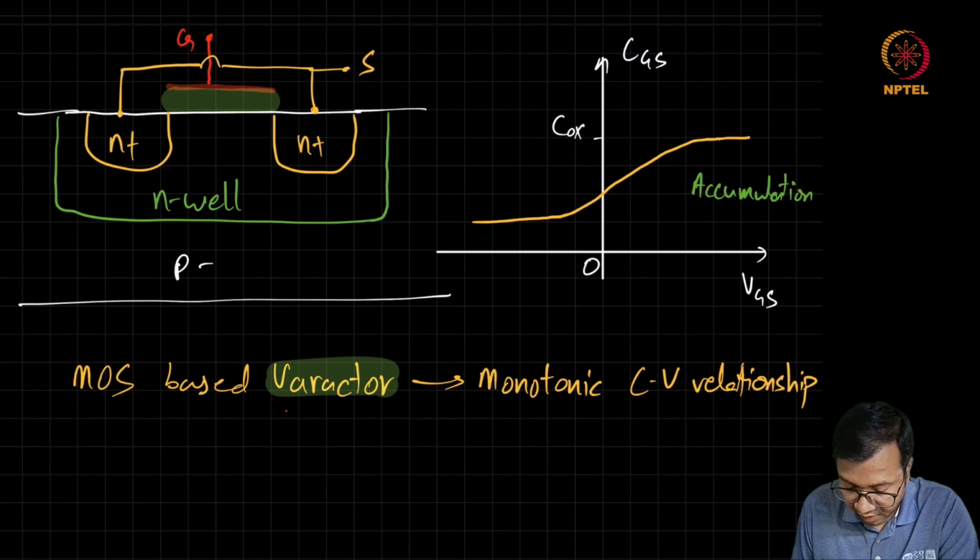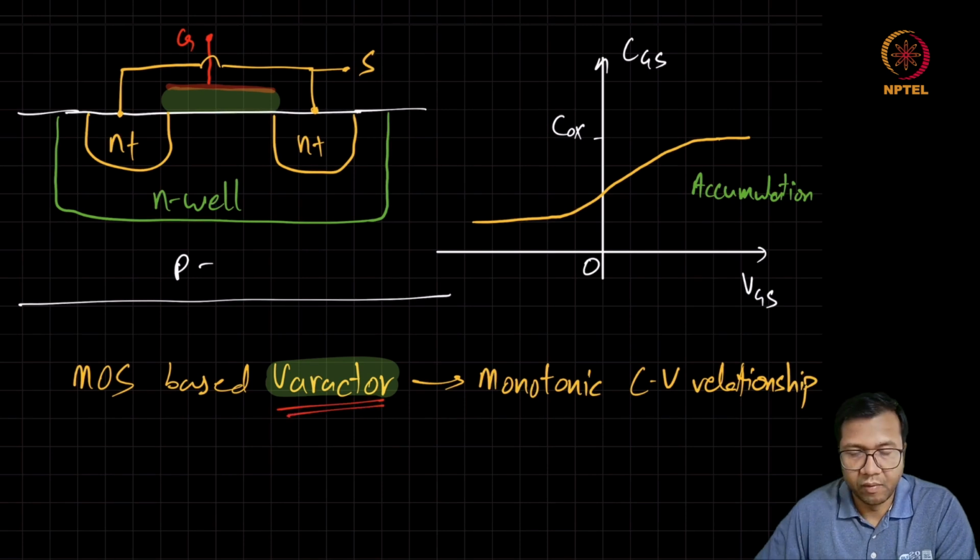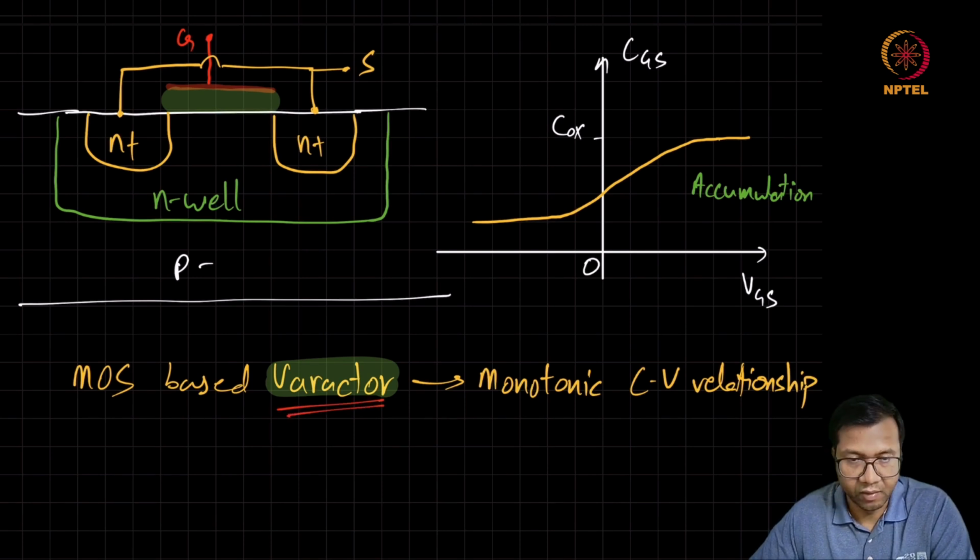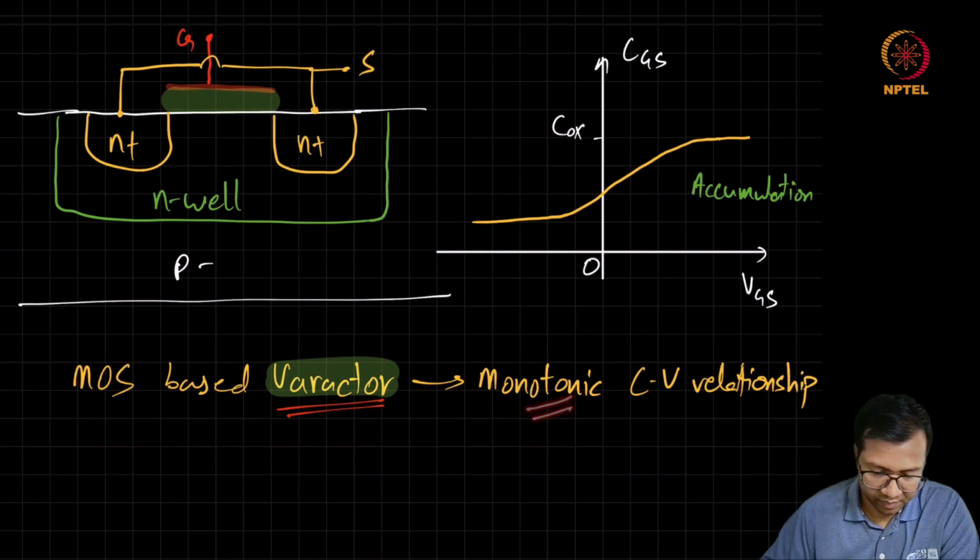So these structures where we can obtain a variable capacitor are also called varactors. And these MOS-based varactors are really popular because of their high tuning ratio. So you can change the capacitance between a high value to a low value, as well as their monotonic CV relationship.